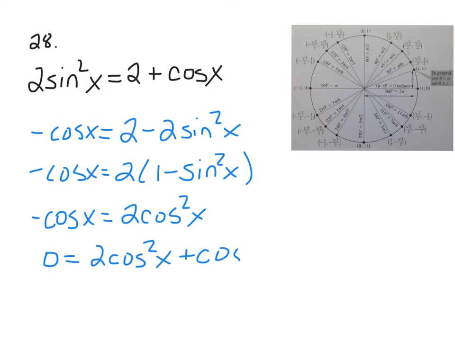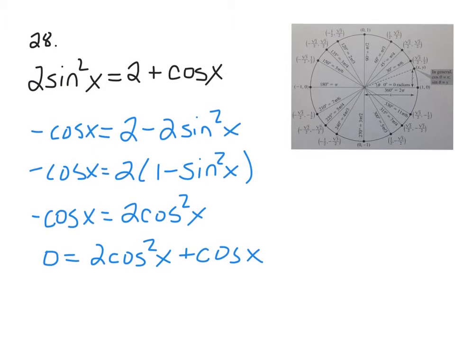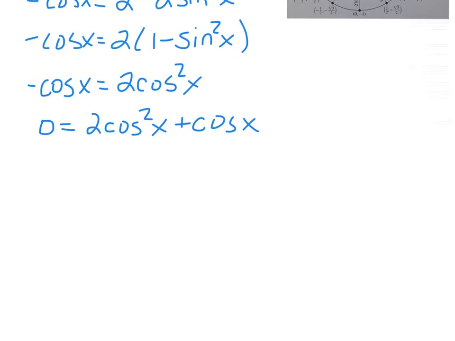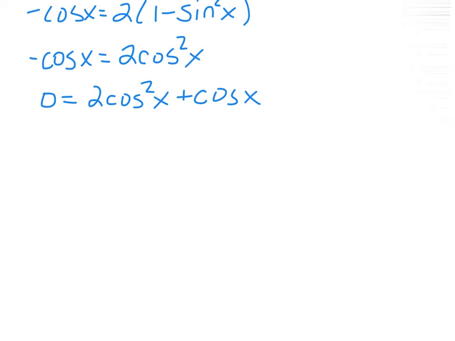And now this is a much more manageable problem, because we only have cosine. Even though we have a cosine squared in there, we're going to be able to take care of that by factoring. So I'm going to take a cosine out, and we're left with 2 cosine plus 1.